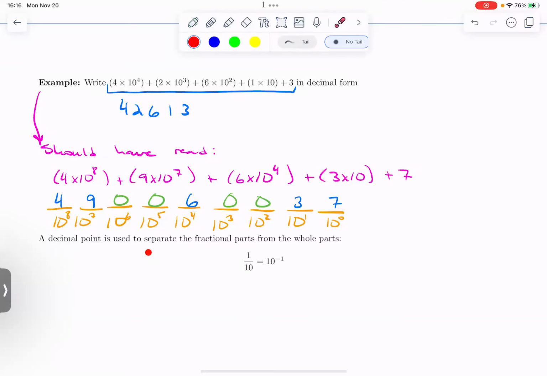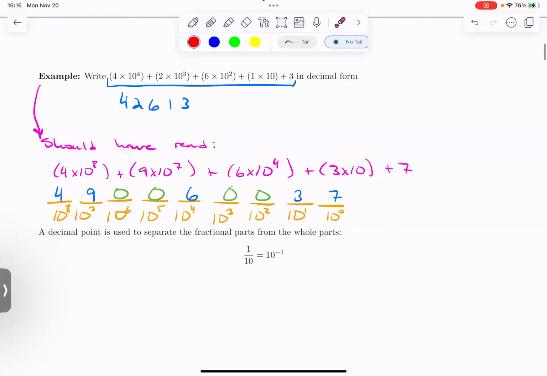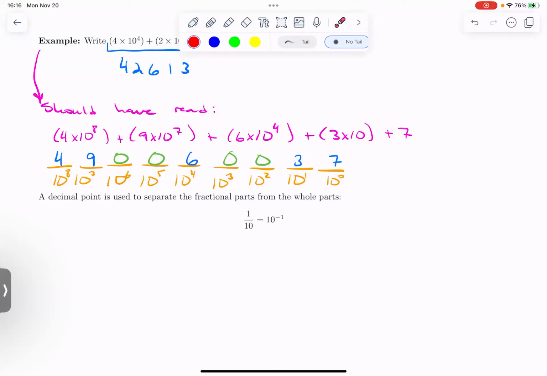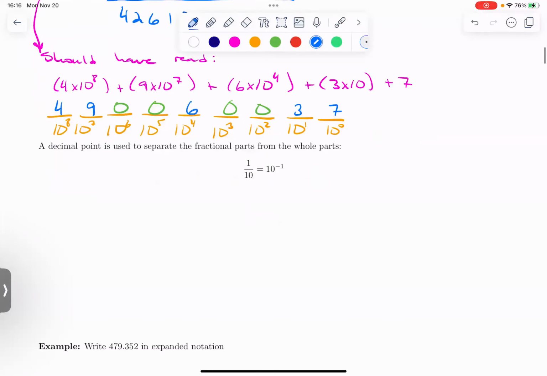So a decimal is used to separate the whole part from the fractional part, where 1/10 or a tenth is 10 to the negative 1, right? And so what happens is we have a decimal here, and then on either side, I'm going to have 10 to the negative 1, 10 to the negative 2, 10 to the negative 3.